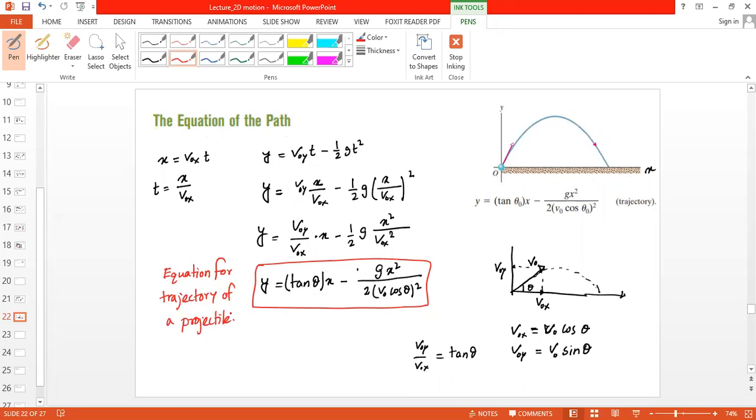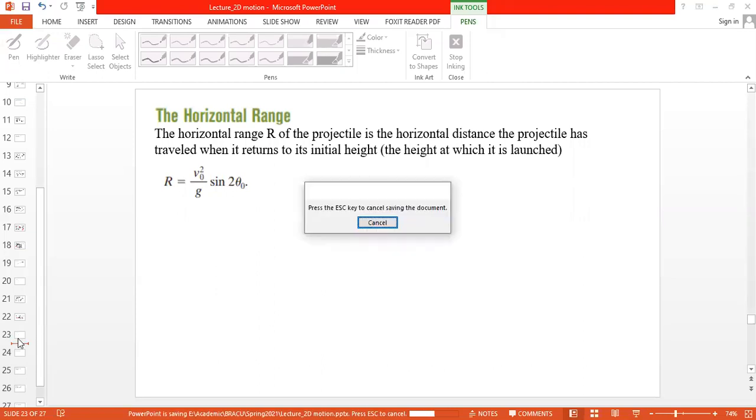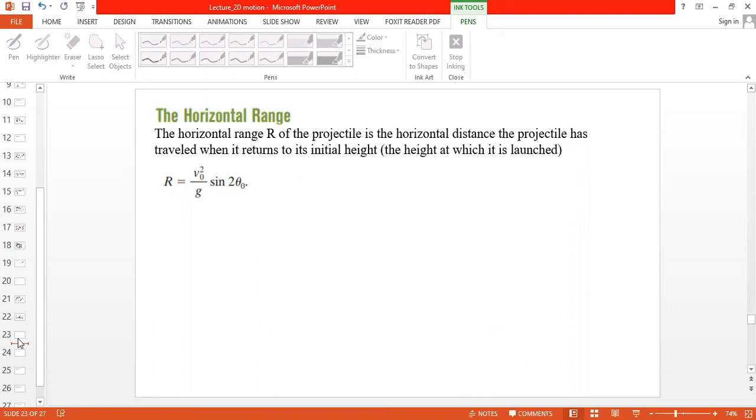It's not that difficult. The last theoretical idea I will discuss is the horizontal range. So the range of a projectile is the horizontal distance the projectile has traveled when it returns to its initial height. What does this mean? The projectile is moving like this.